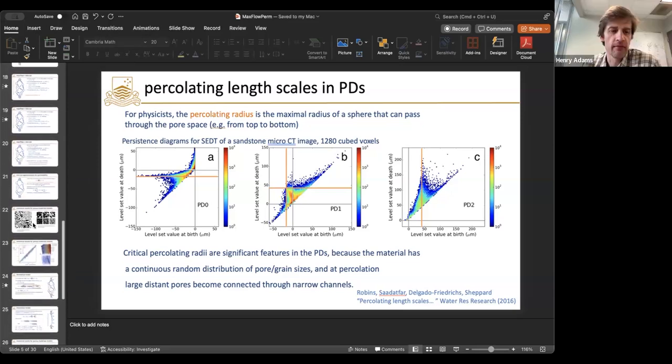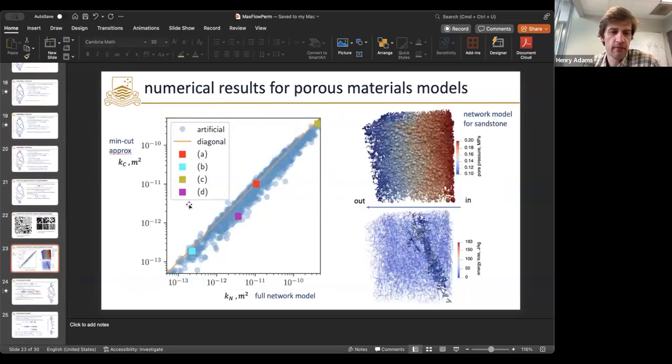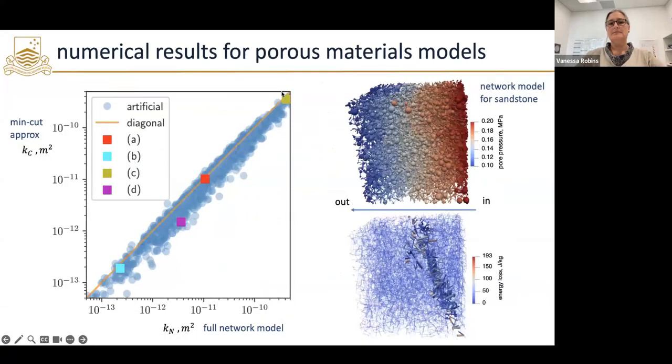So here we were just testing the min cut idea to see how valid that is. And so we did the numerical experiments first, and it showed up this quite nice result. And then it was afterwards that I sat down to try and explain why we are seeing such a nice result.